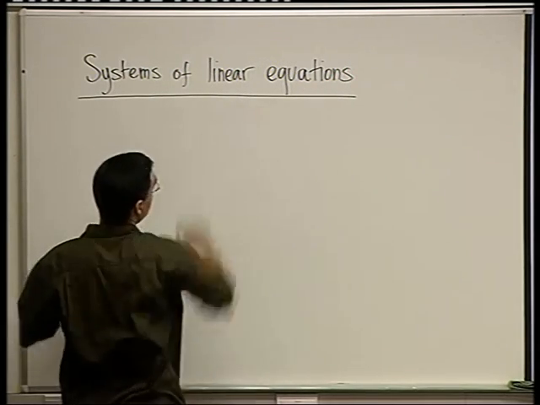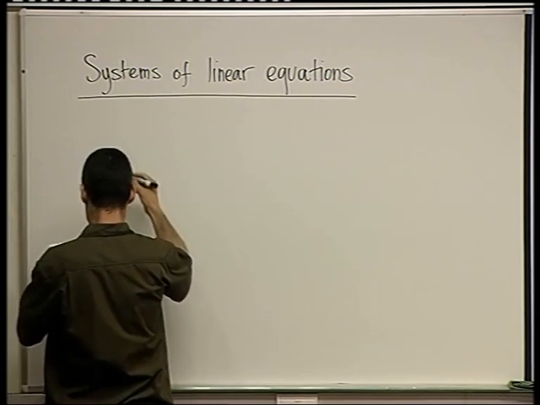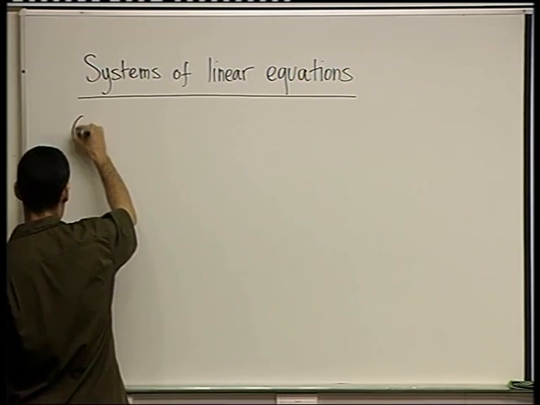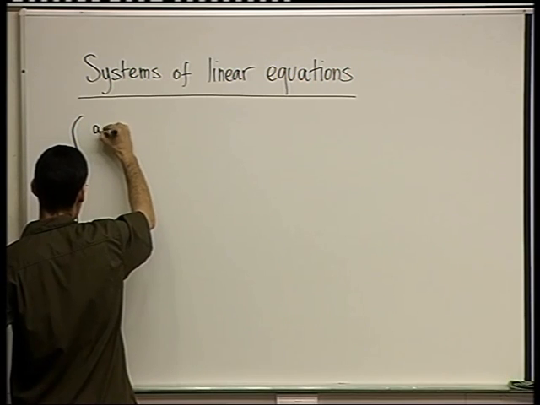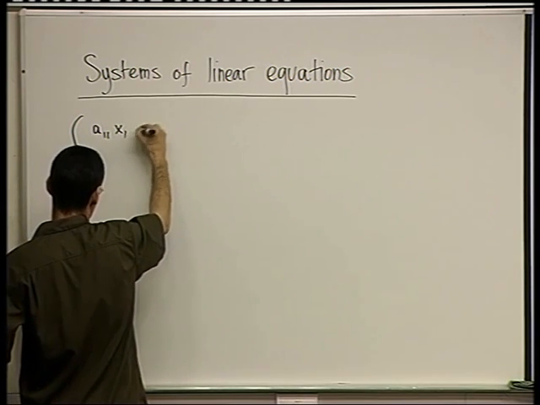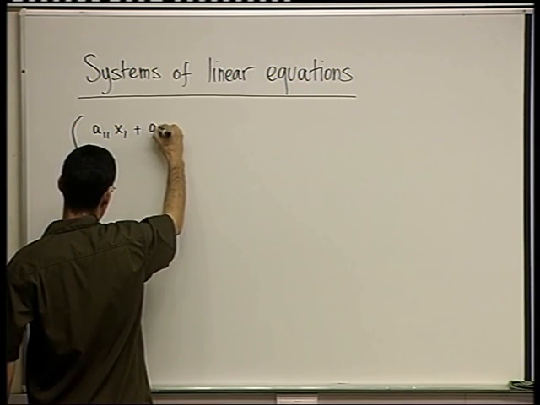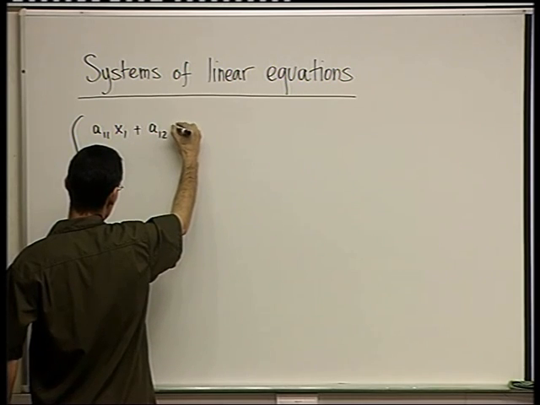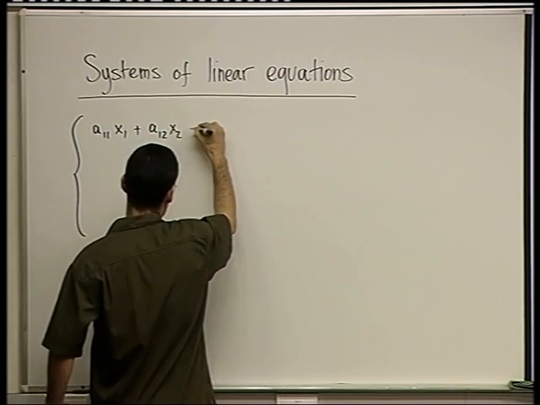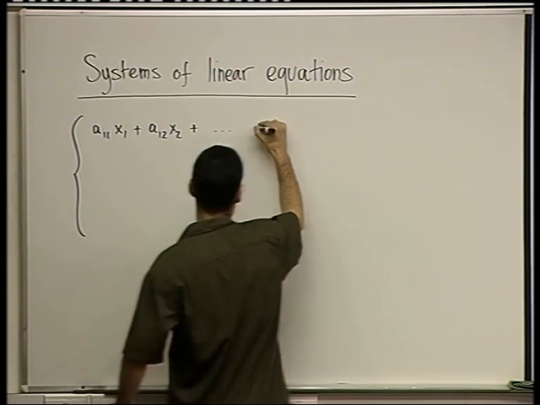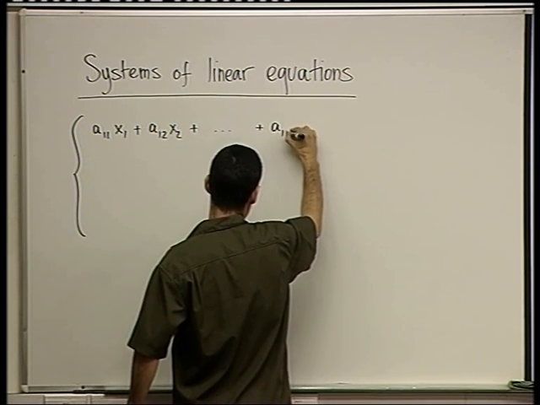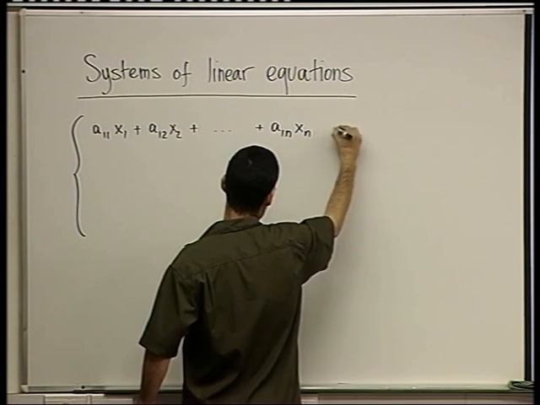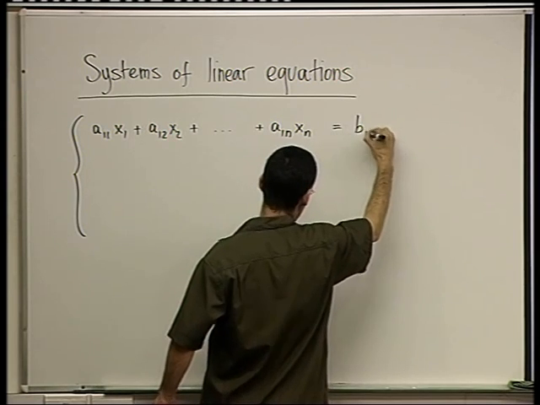So a system of linear equations, now we're ready to write it, is something of the form A11x1 plus A12x2 plus ... plus A1nxn equals B1.